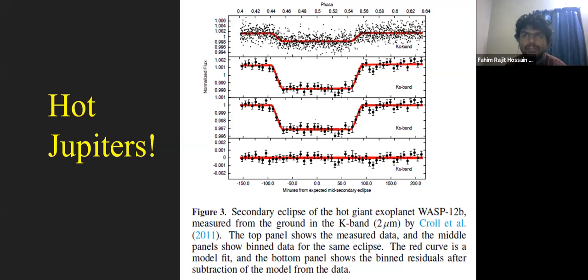If you want a fun fact, about Tabby's star: the discoverer of the star is an astronomer whose name is Tabby. She presented a TED talk. She found a star with an unusual amount of depth, and it's not supposed to be a hot Jupiter.